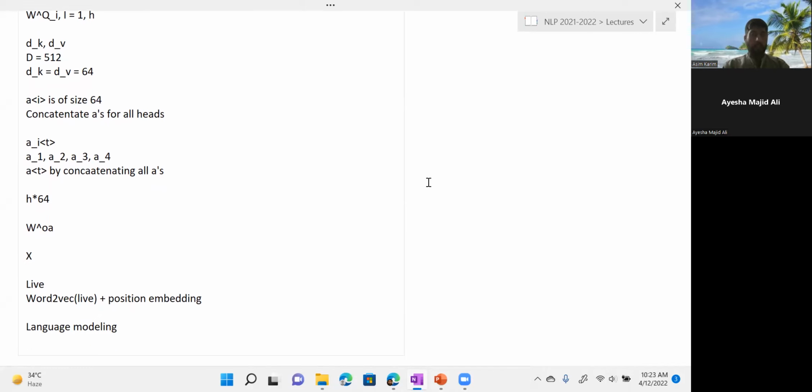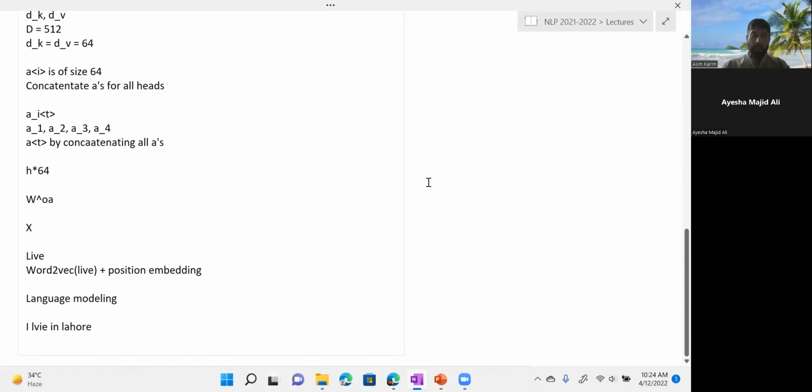A1, A2, A3, A4, and then Y1, Y2, Y3, Y4. Of course, you know the true values, and each Y is a softmax over the vocabulary. So the loss is computed, and from that loss your network is updated. So that is training. What is being updated in training?